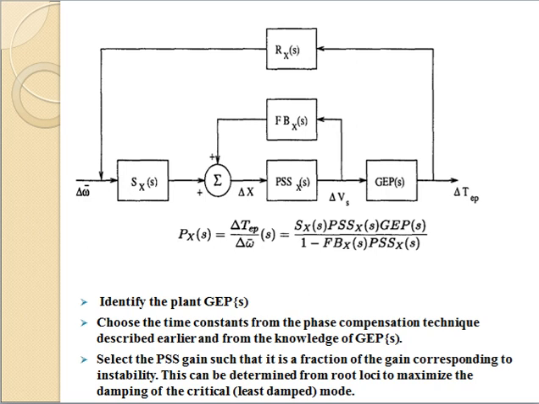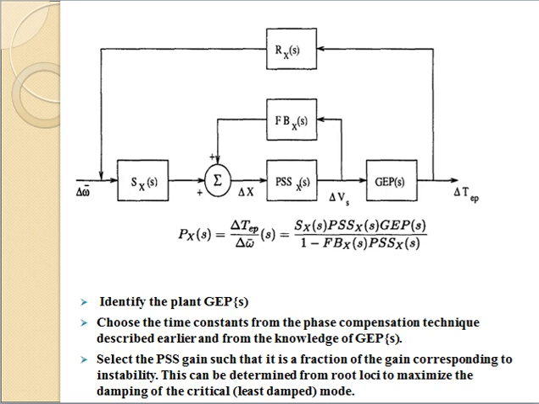You have to modify your block diagram when you are using a control signal other than speed. Here is the modification, and you have to calculate the transfer function in a different way. The two blocks in this figure are important. One is S(s), which is called a sensitivity block, and another one is a feedback. With the help of this representation, you can do the treatment of our system stabilizer when you are using a control signal other than speed.